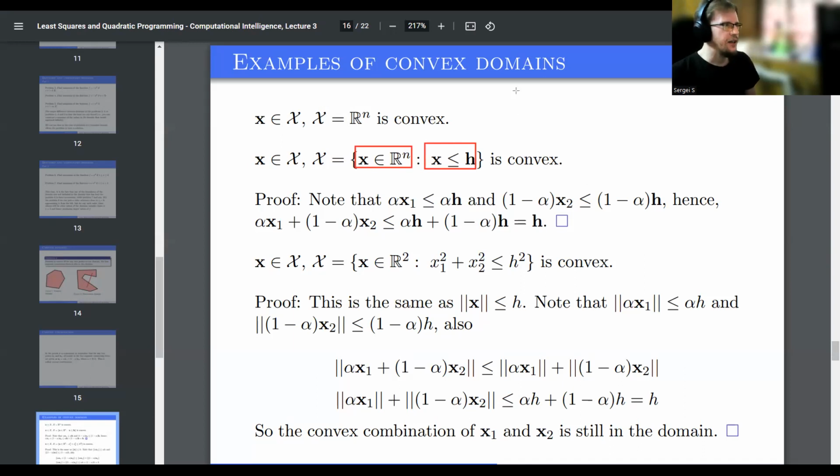Well, it means x1 is less than or equal to h1. x2 is less than or equal to h2. Less than or equal, I just write it as less, but we don't use strict inequalities here, so it is always non-strict, etc.